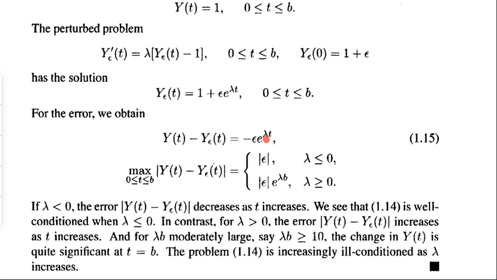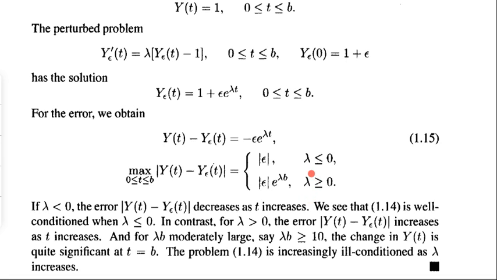Here, for this difference, the absolute value of y minus y epsilon, based on this definition, will be the absolute value of epsilon e to the lambda b, where b is the end point of the domain of our problem.